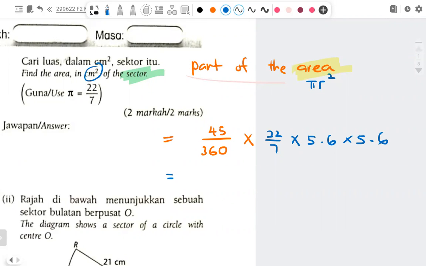The unit is centimeter square, cm square, because it's area.